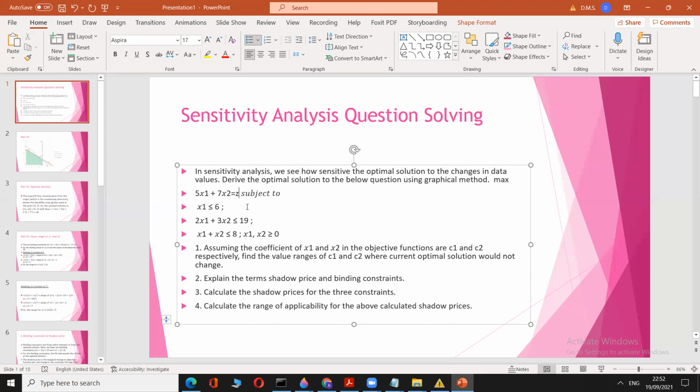Then you can see the coefficient of x1 is 5, and the coefficient of x2 is 7. This is a linear function, 5x1 plus 7x2 equals z. How do we get the gradient of a linear equation?